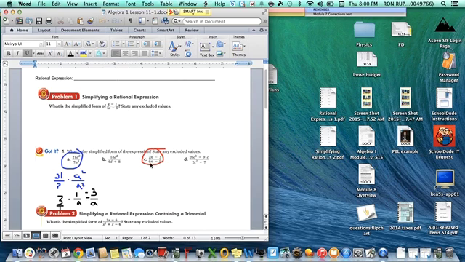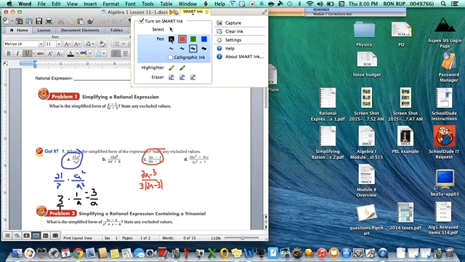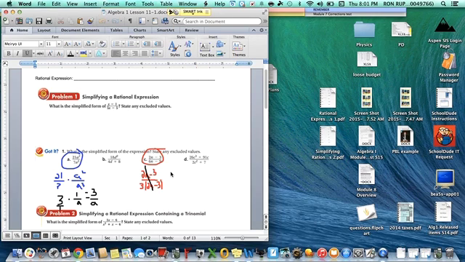But on the bottom, the 6n and the 9 have a 3 in common, so we can factor using a greatest common factor. 2n minus 3 over 3 times 2n minus 3. 2n minus 3 over 2n minus 3 will cancel each other out and leave you with 1 over 3.